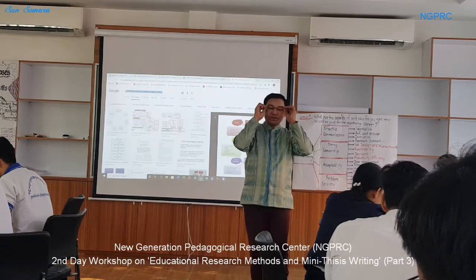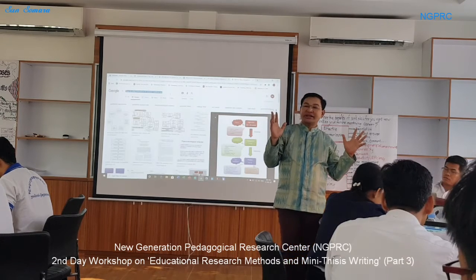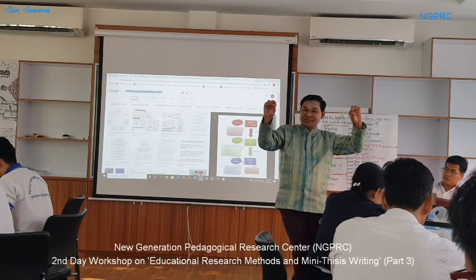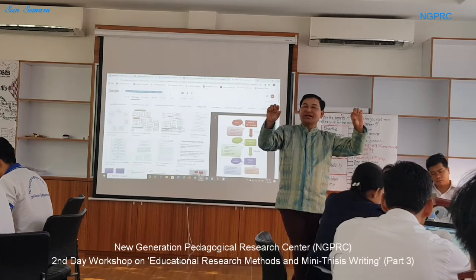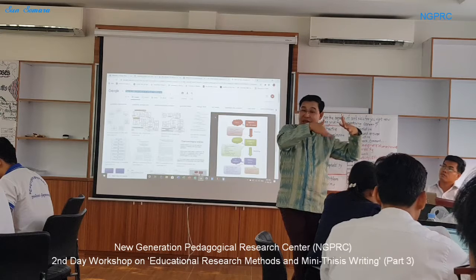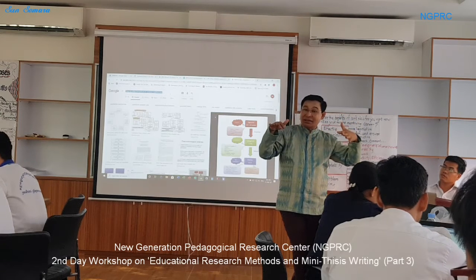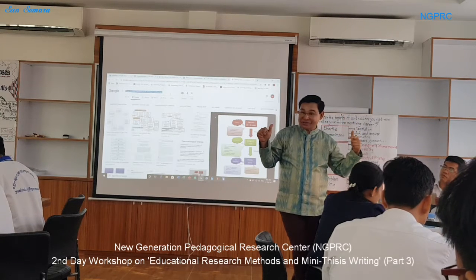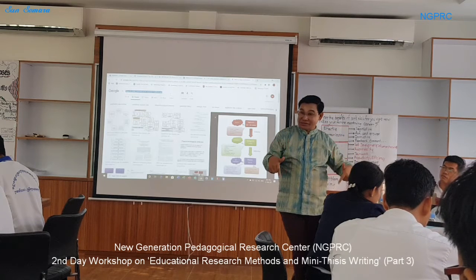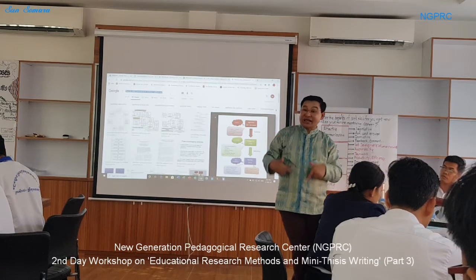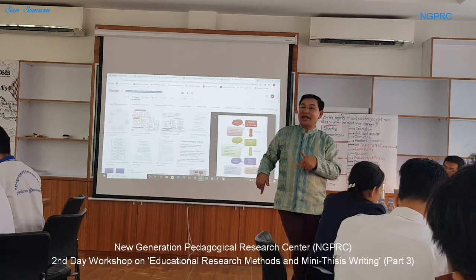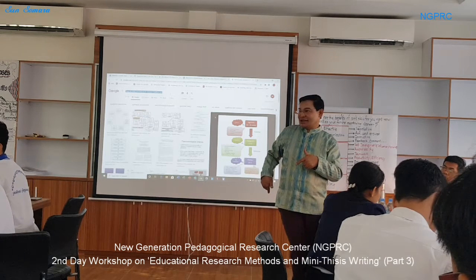And when you go to the deductive method, you begin with a global statement, and then you go to the continental situation, and then the Southeast Asian situation, and then the Cambodia situation, and then Phnom Penh, and then your PGRC.